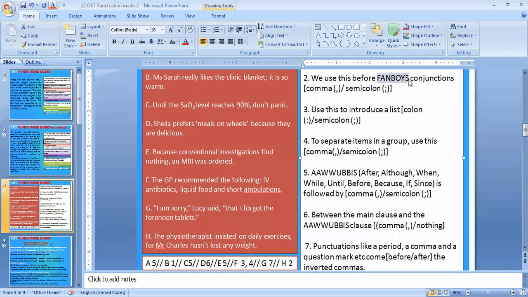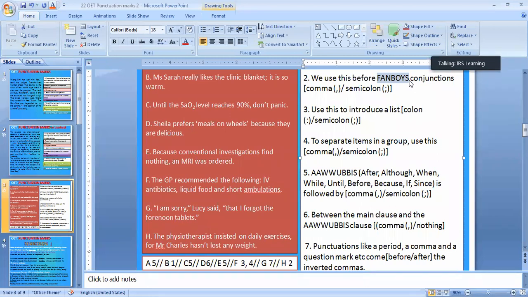Fanboys. Yes, excellent. Those who forgot, fanboys, do you want to buy some Brahmi from the pharmacy to boost your memory? Fanboys means F is for, A is and, N is nor, B is but, O is or, Y is yet, S is so.